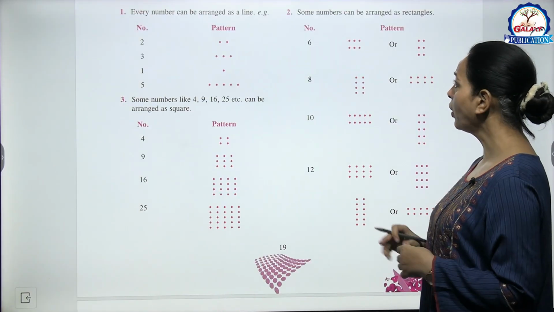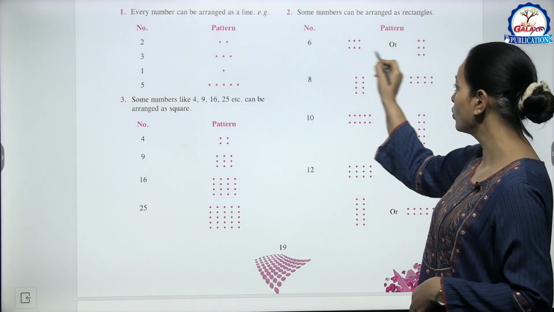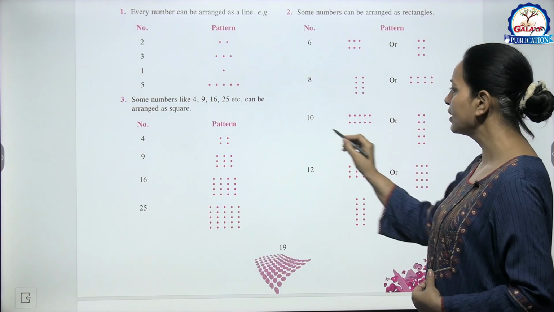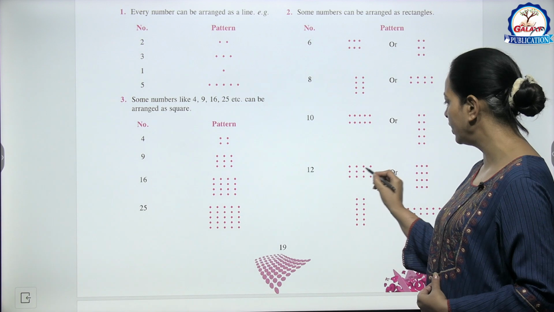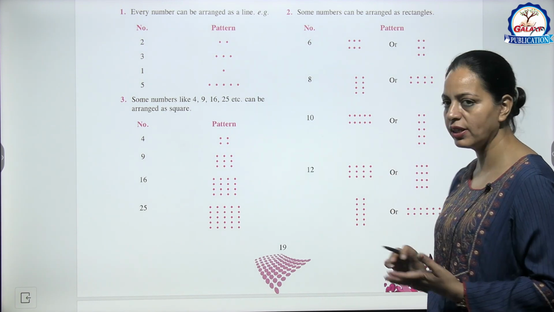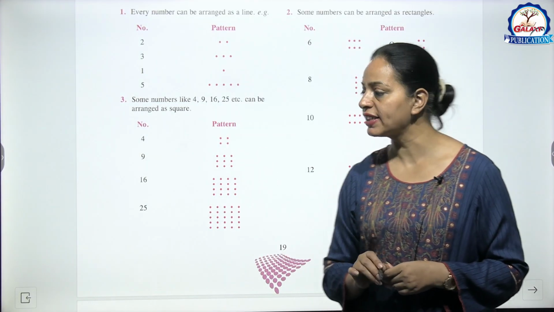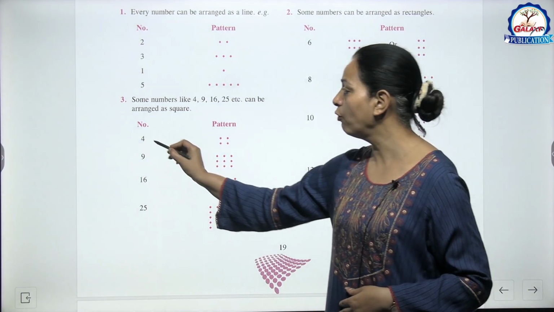Okay. Now second point, some numbers can be arranged as rectangles, like number 6, we can represent it like this, number 8 like this, number 10, okay, like this, number 12, this or this. Okay. Now point 3, some numbers like 4, 9, 16, 25 etc. can be arranged as square, like 4.